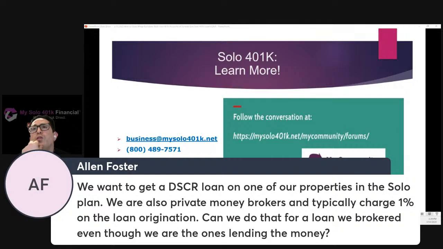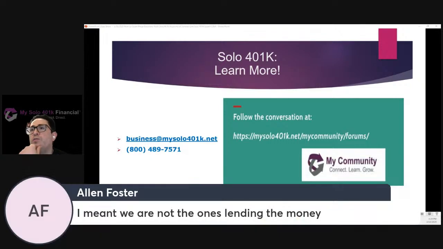It sounds like the self-employed individual or a related entity will at least be part of the borrowers. And no, it sounds like the loan would be from the self-employed person to the solo 401k, or would be secured by the solo 401k properties. So that would not be allowed. Oh, you're saying we are not the ones lending the money.